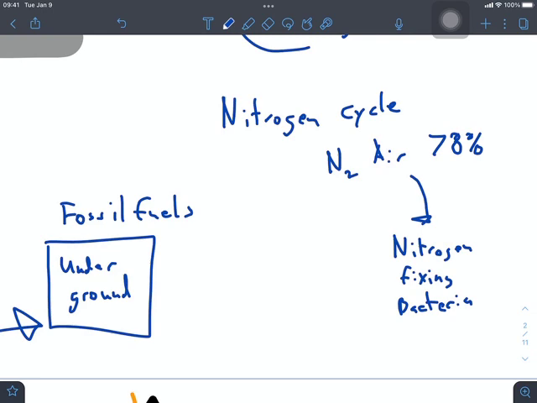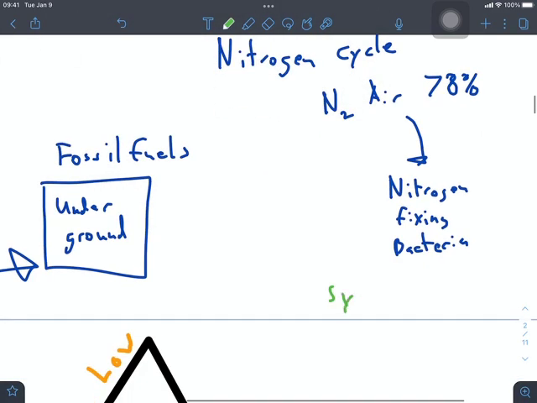And therefore, they need to form a symbiotic relationship. Again, one of the vocabulary terms for the class. A symbiotic relationship, meaning that two different species are working together to benefit each other.